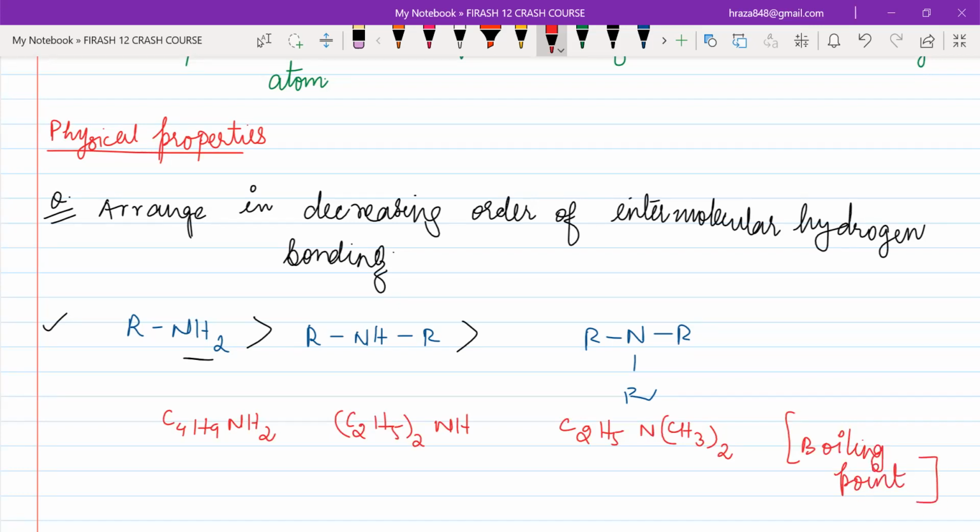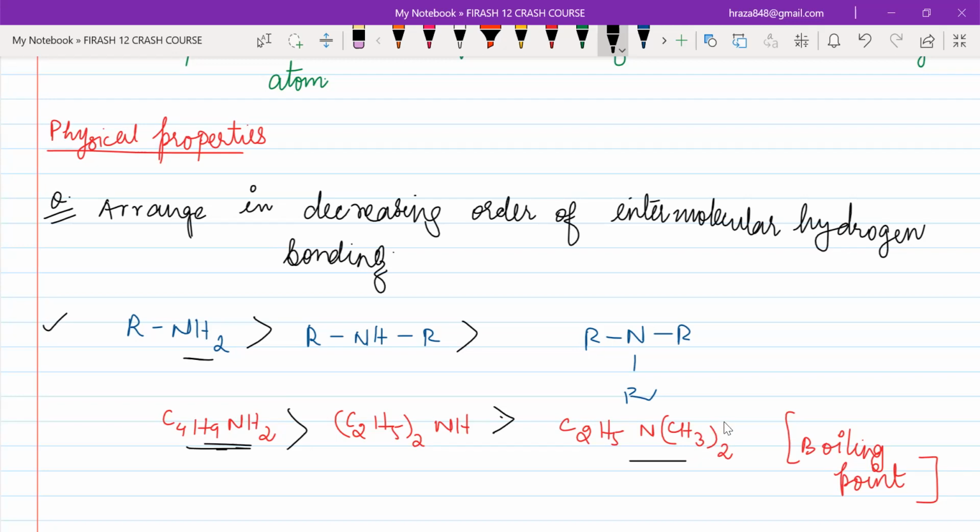The primary one, C4H9NH2. All the compounds that I have given have comparable molecular masses, so it will have more hydrogen bonding. So it is this, then this, and then this, right? Is that clear? Okay.